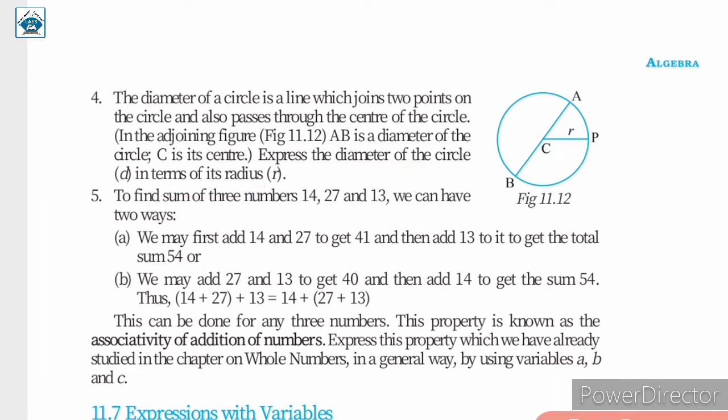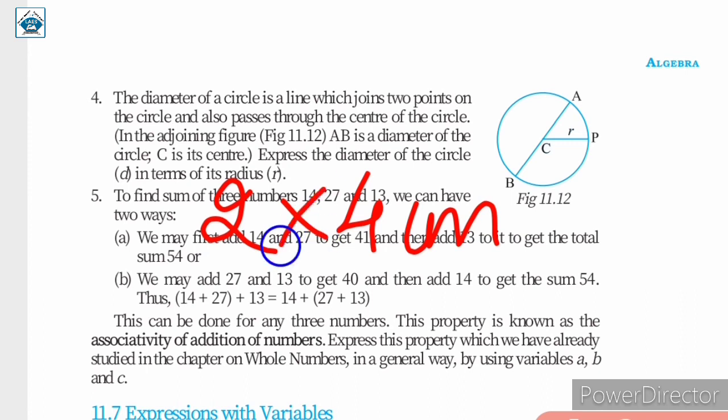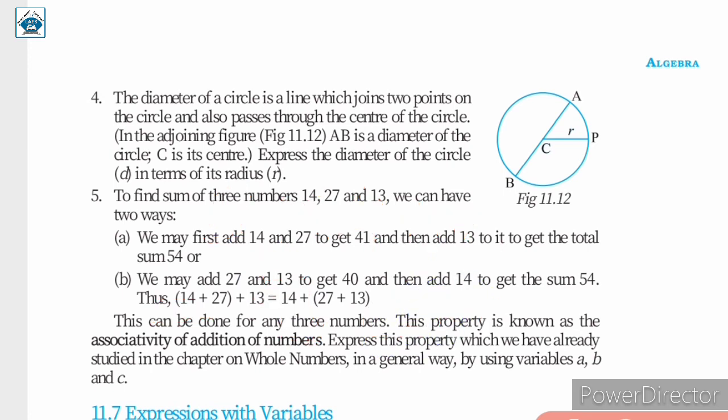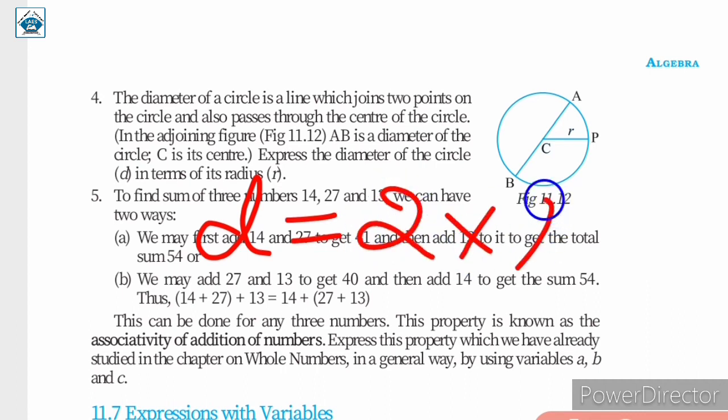Now we know that if the radius of a given circle is 4 centimeter then its diameter will be 2 times the radius. So the diameter will be equal to 8 centimeter. That is, the diameter of a circle is always equal to 2 multiplied by its radius.